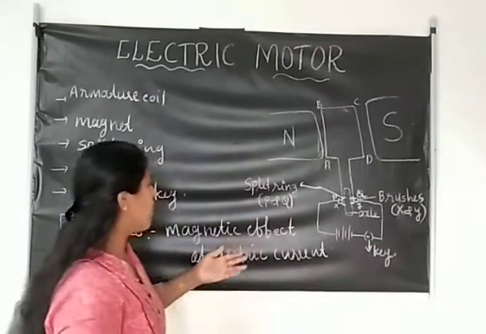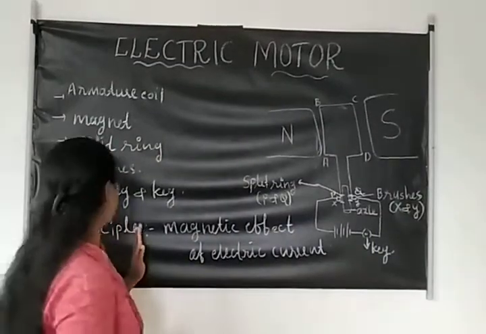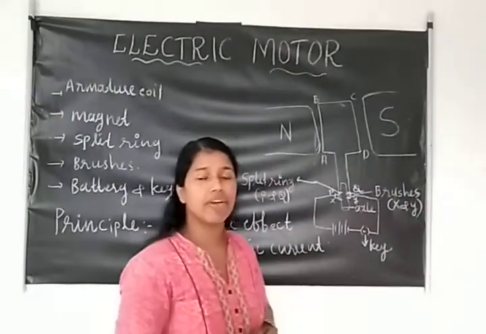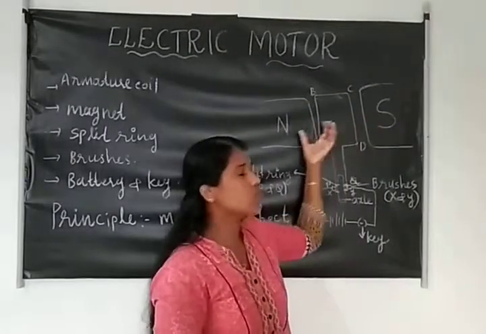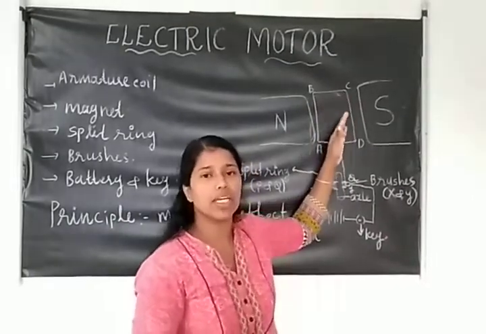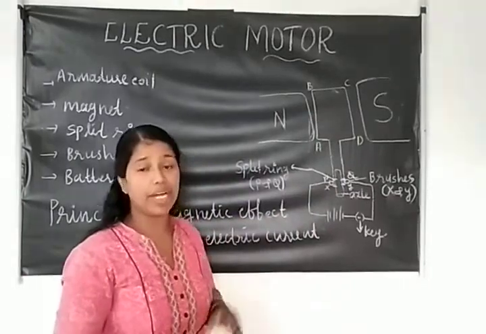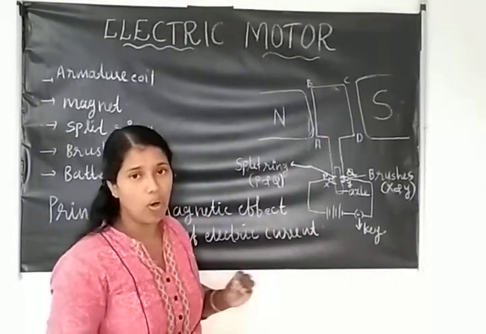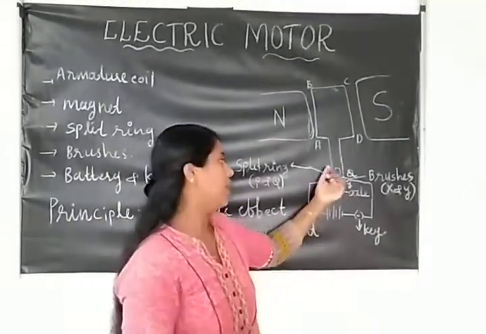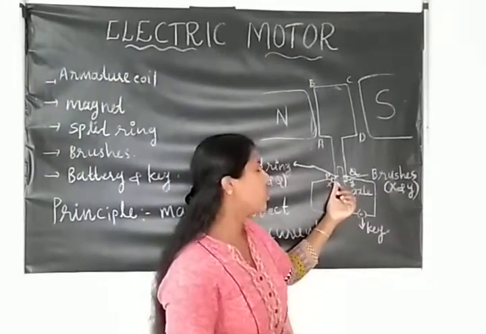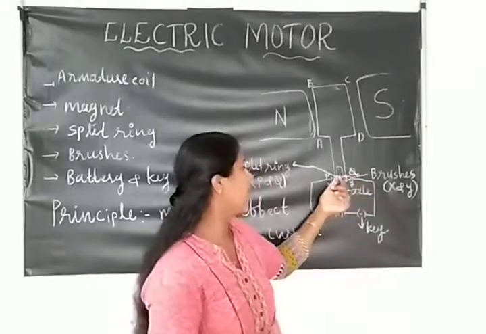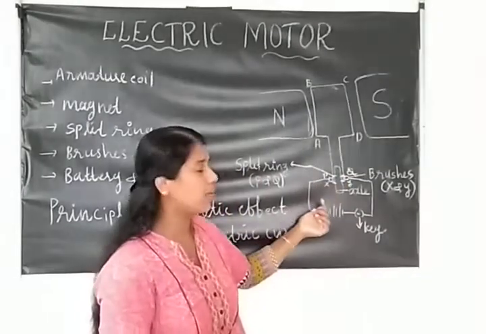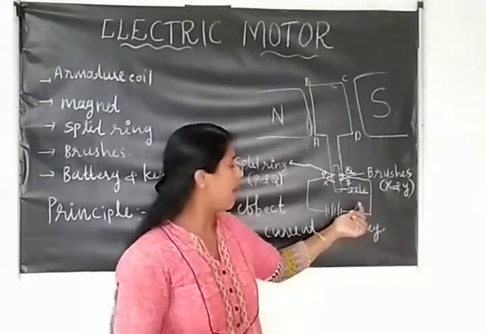First, the main parts. The principle is the magnetic effect of electric current. In the working, we use a strong magnet, and in between we keep one armature coil, rectangular coil ABCD of insulated copper wire. It is connected to the commutator, and inside to the axle. Outside, the commutator is connected to two brushes, then to battery and key.